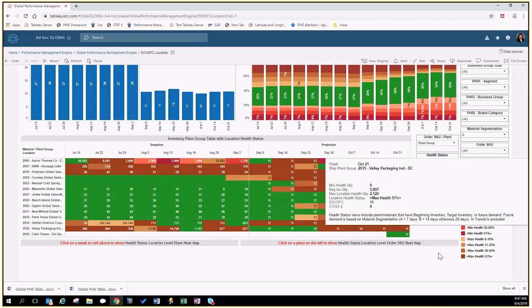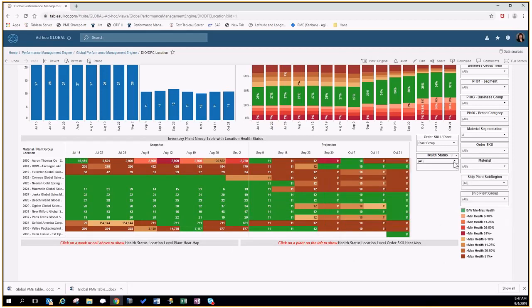They also have the ability in health status to find things. For example, they may be looking for the low-hanging fruit, like where the minimum health status is really bad, like we're missing.